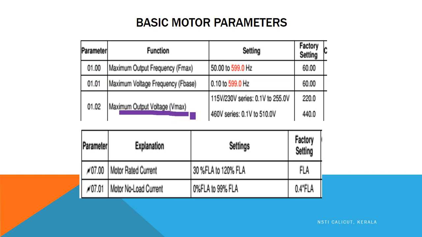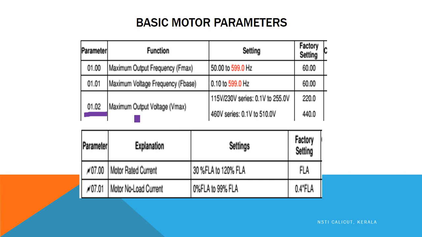And the maximum output voltage. These are preset conditions. You will be able to see 220 for a single phase system and 440 for a three phase system. We can modify in the range 0.01 to 255 volts for the single phase series or 0.1 to 510 volts. Suitably, we will select the voltage by these parameters.